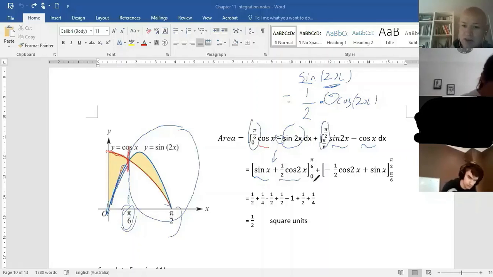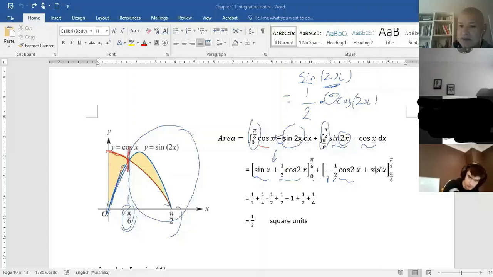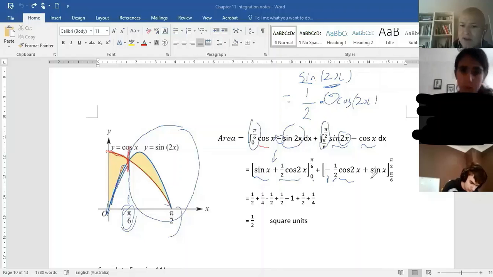The limits are between 0 and pi on 6. Then I'm doing this one here, which is the same. Integrate sine, first we differentiate this part, which is a half. Integrating sine is the negative, and I've still got my cos 2x. And now my cos, integrating cos should be a positive.